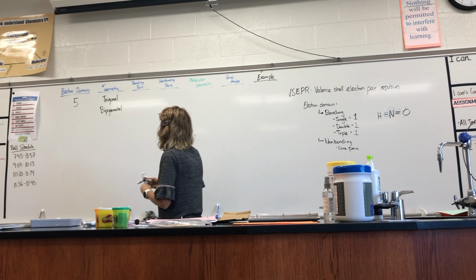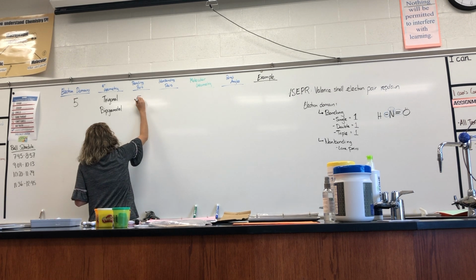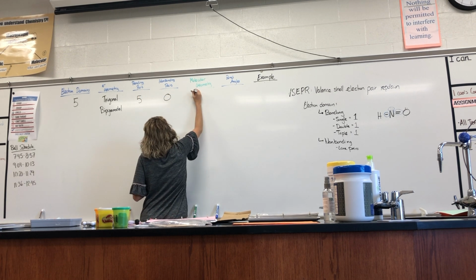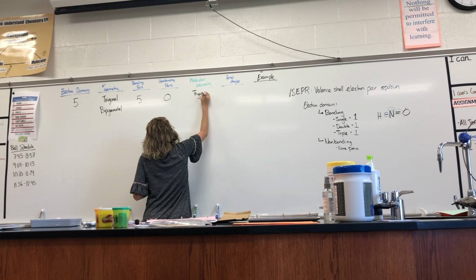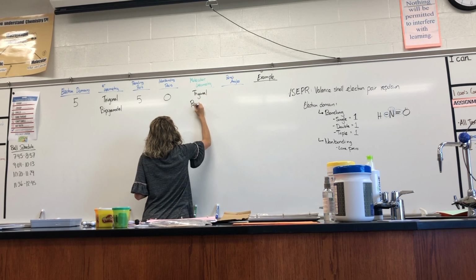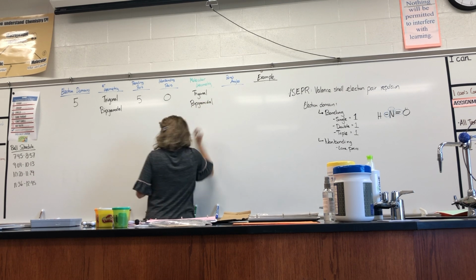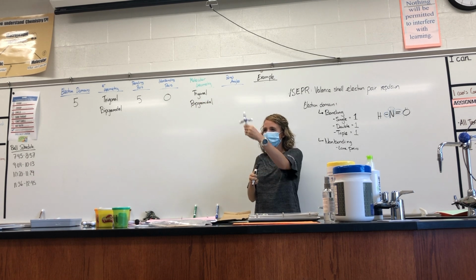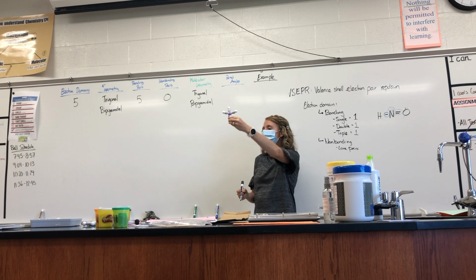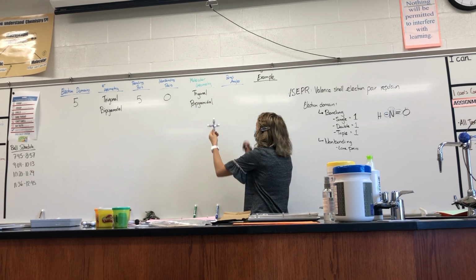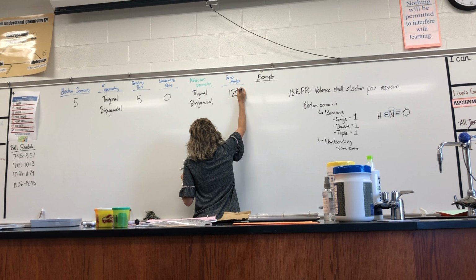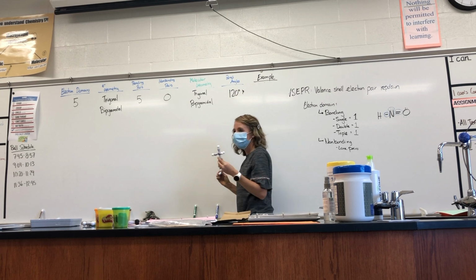5 and 0. Okay, what bond angles do we see? We have two different ones. Good, Zach. What are they? 120 and 90.